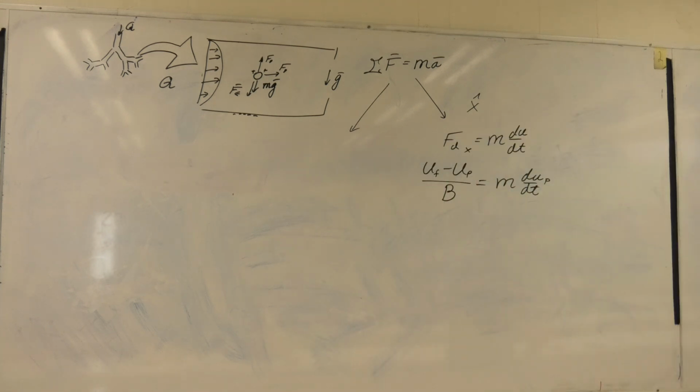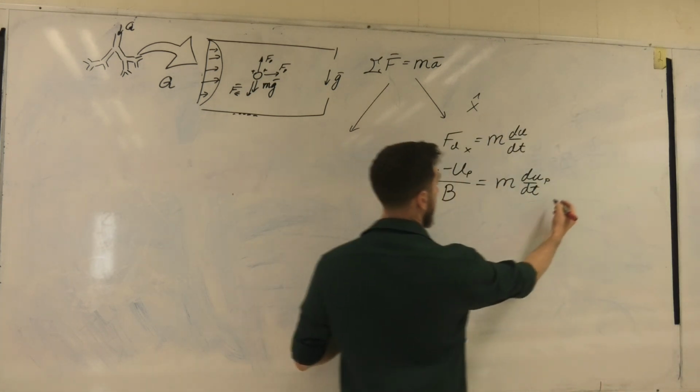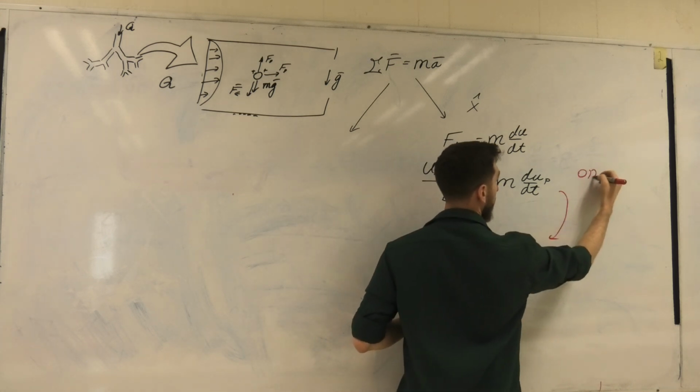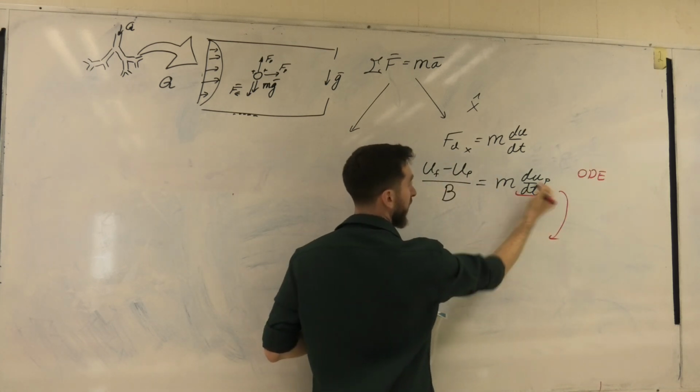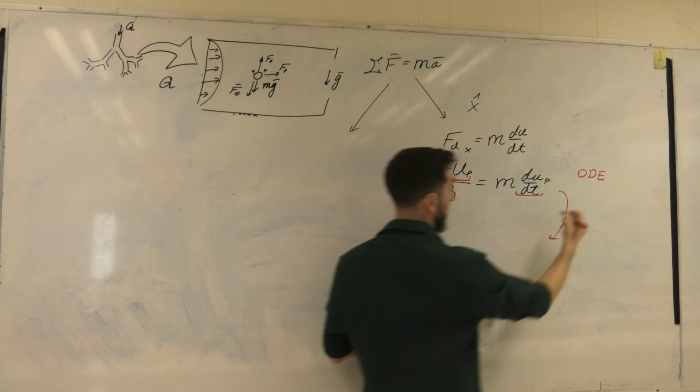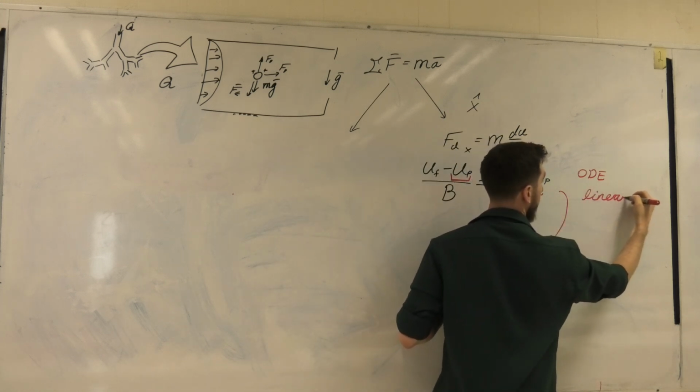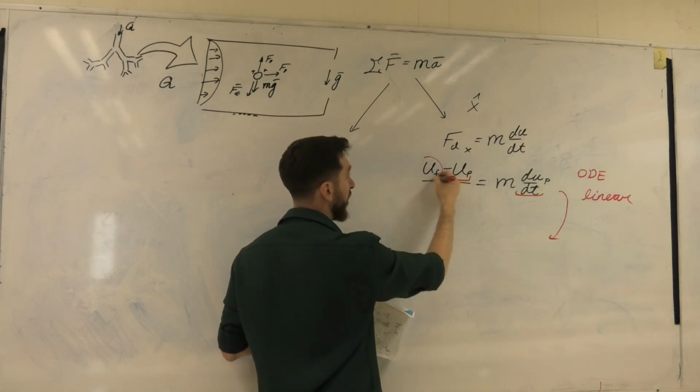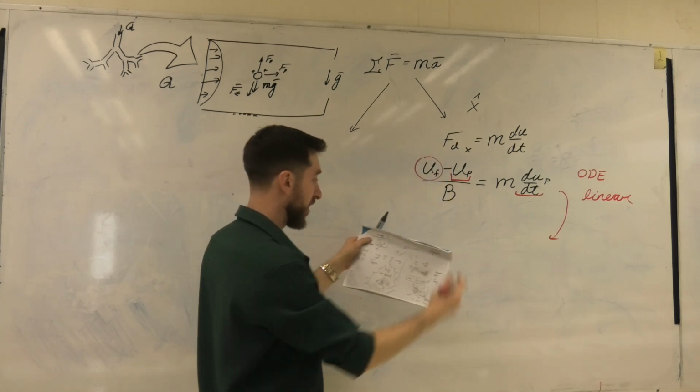Why is this a joke? Because this is an ODE, and it's linear, non-homogeneous. And we have the solution.